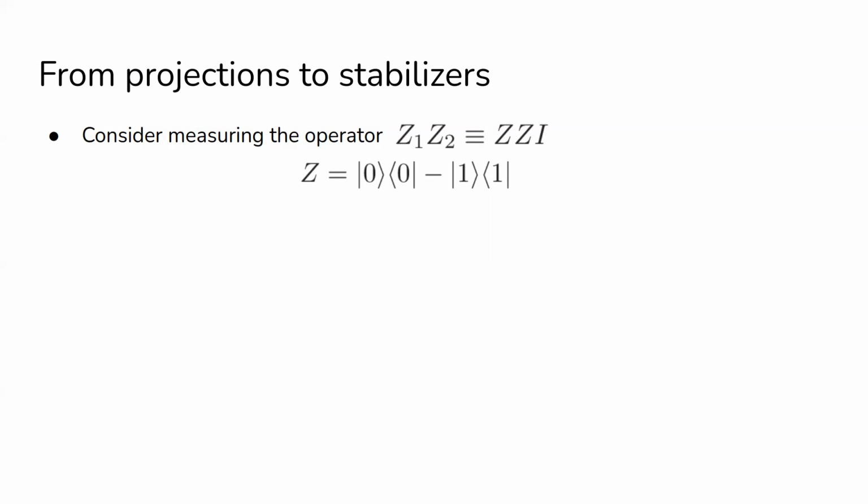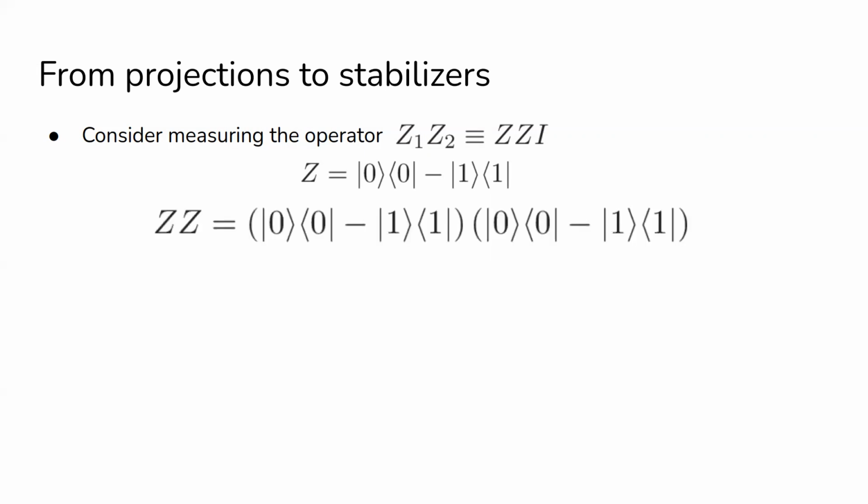So if I take the tensor product of two of them, this is just substituting in Z tensor Z. I'm not including the tensor product symbol, but ZZ is understood to mean the tensor product.